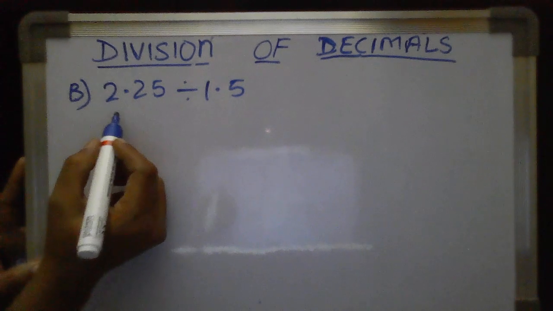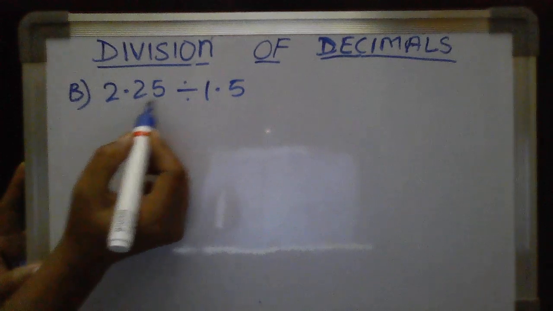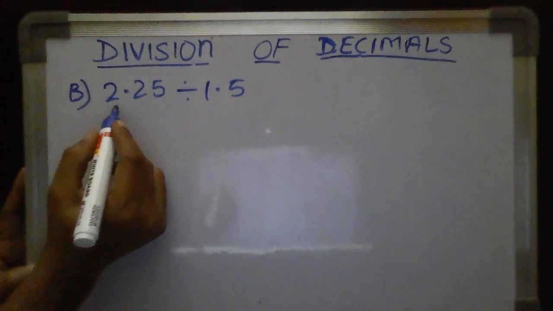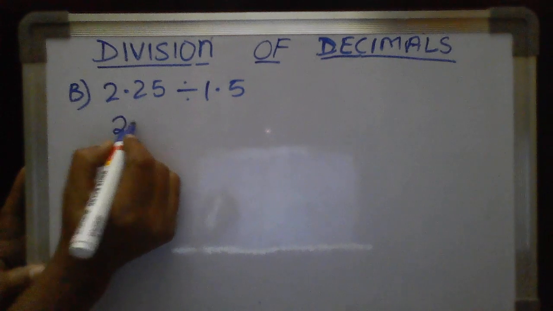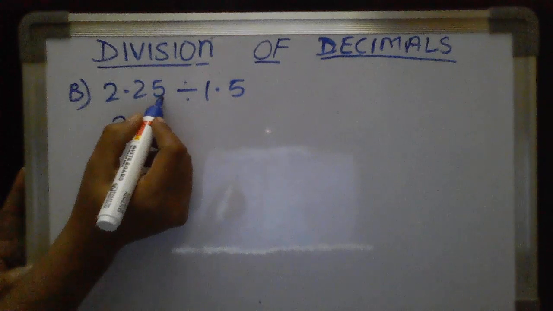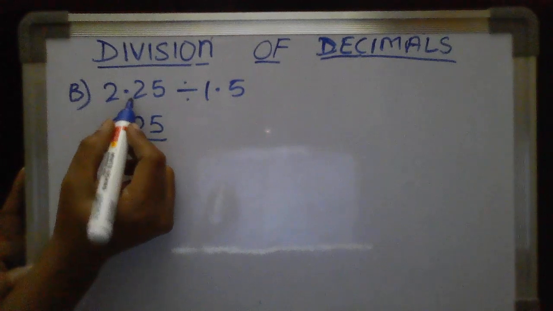So the second example is 2.25 divided by 1.5. So you have decimal numbers in both the places here. So 2.25 can be written as 225 by 100, because 5 is in hundredth place here, or you have two decimal place values after the decimal point.